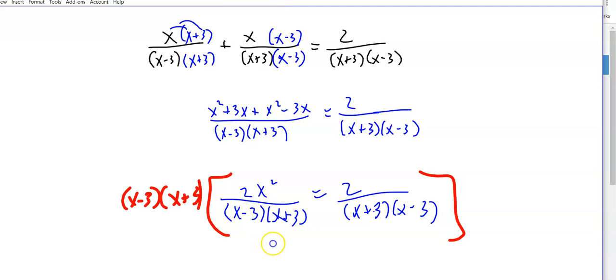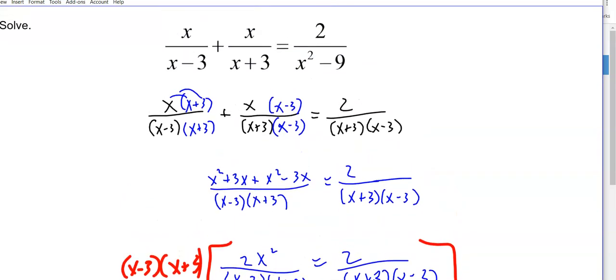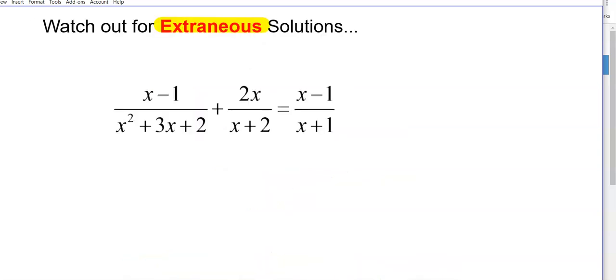When you do that, the denominator goes away, you get 2x squared equals 2, and you solve from there like we had before. Because you have to cancel out that denominator, we're just circumventing the system and saying, let's just do that earlier on. It's so much easier just to multiply by the LCD at the beginning because all the denominators go away. In fact, if you'd done this from the beginning, it's just faster, right? So that's one thing to think about there.